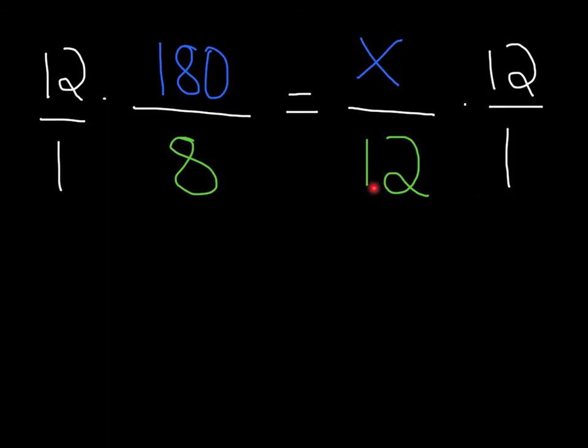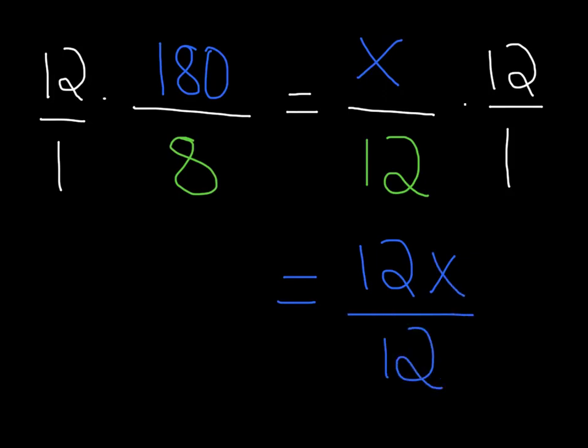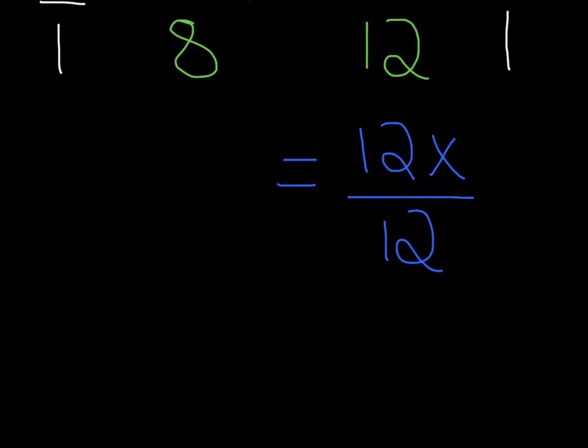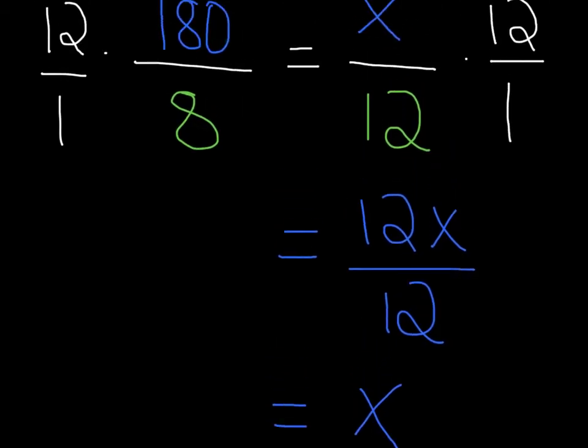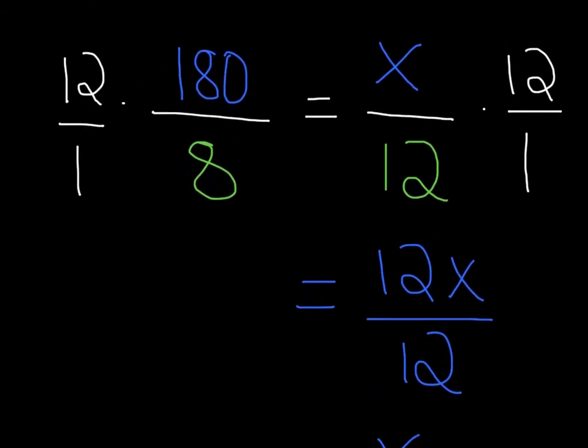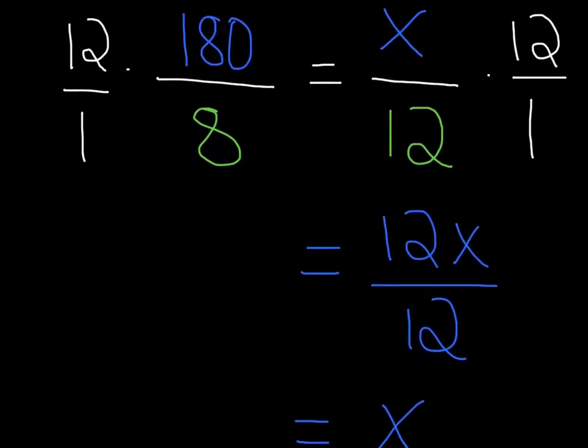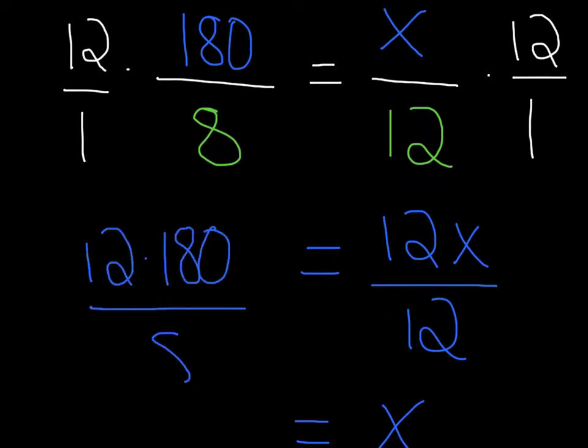When I multiply the left side of the equation by 12 over 1, the quantity x divided by 12 multiplied by 12 can be rewritten as 12x over 12, and ultimately this can be simplified to be equal to x. And then on the right side of our equation, I can rewrite this part of the equation as 12 times 180 divided by 8.